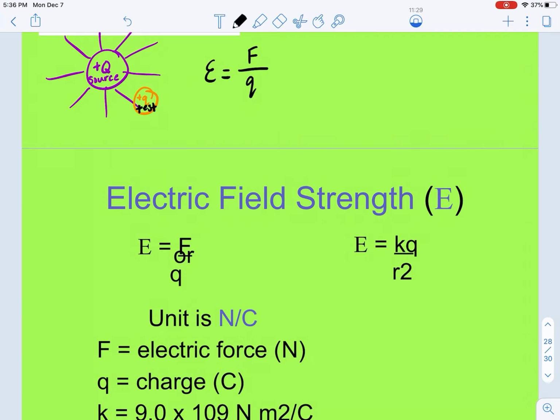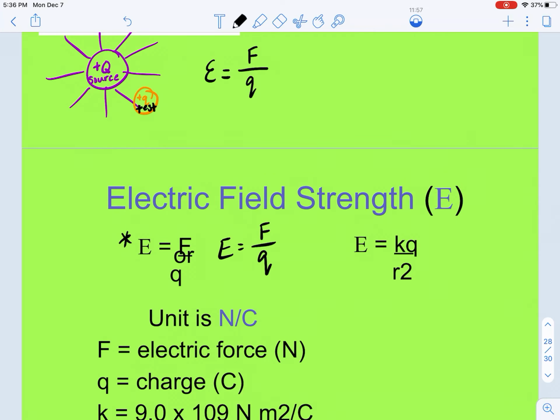This electrically charged thing is going to experience some force based off of the strength of that test charge. So the electric field in this case would be measured by the ratio between the strength of this little positive test charge and the magnitude of the force that it experiences. Now, that's what this equation is showing us.